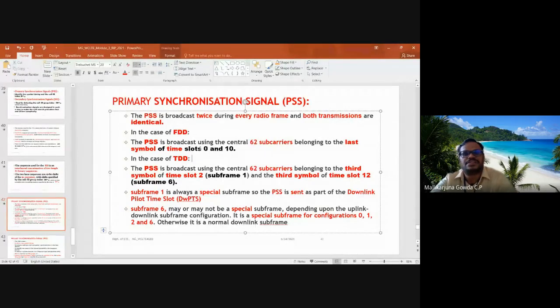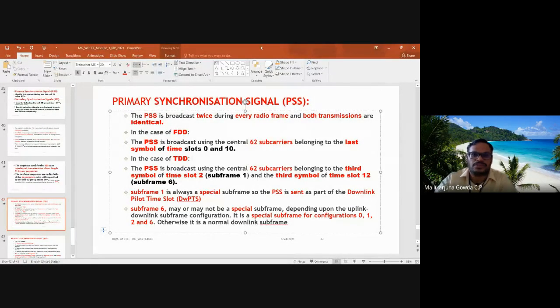Slot 0 comes under subframe 0, and slot 10 comes under which subframe? 2 slots make one subframe, right? So slot 10 comes in subframe 5. Yes or no? Similarly, for TDD, I said it is using the third symbol of time slot 2 in subframe 1 and the third symbol of time slot 12 in subframe 6.